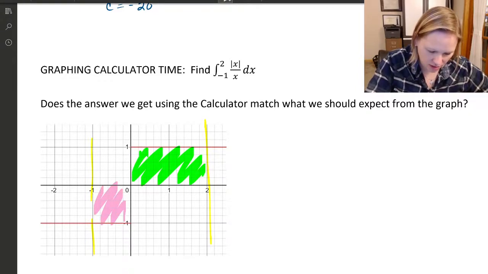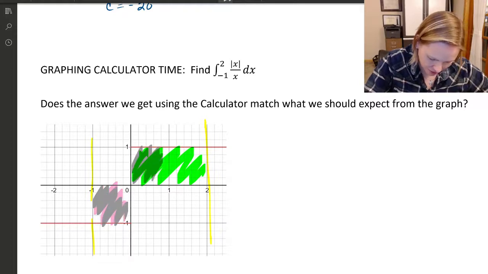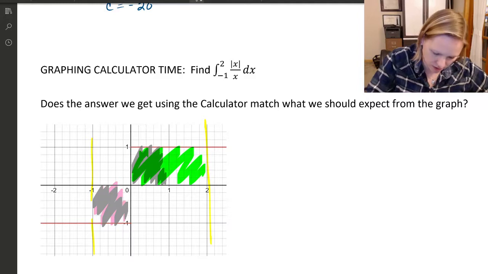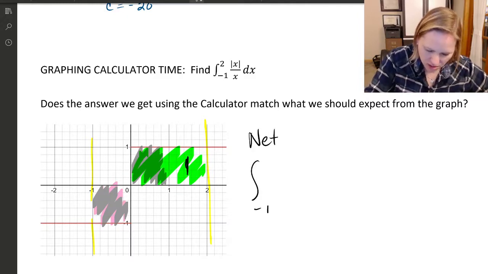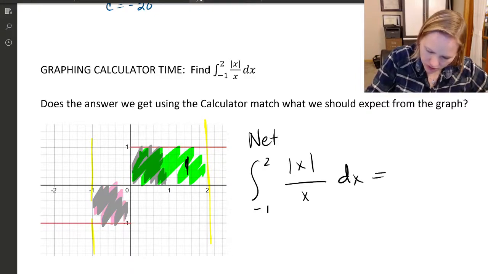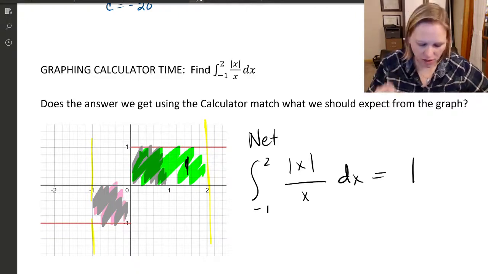And so what ultimately happens is this pink rectangle and half of the green square cancel each other out. So the area here is just 1. So the net for evaluating this integral equals 1. We know for sure 100% it is going to equal 1.